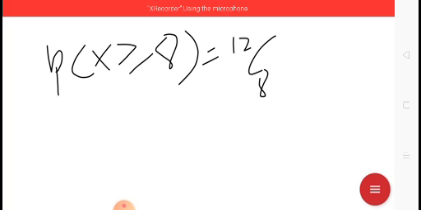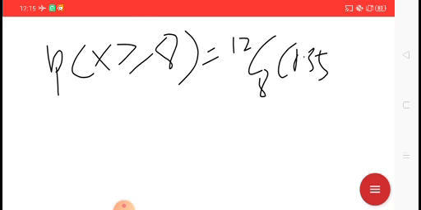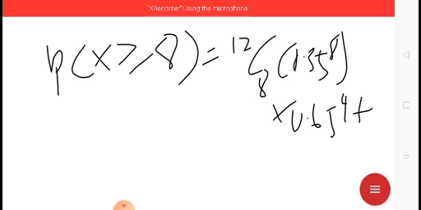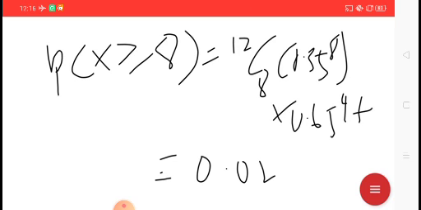You can calculate this: 12C8 times 0.35^8 times 0.65^4, plus P(X = 9), plus P(X = 10), plus P(X = 11), plus P(X = 12). By this calculation, you should get 0.0255. This is smaller than 0.05, right?